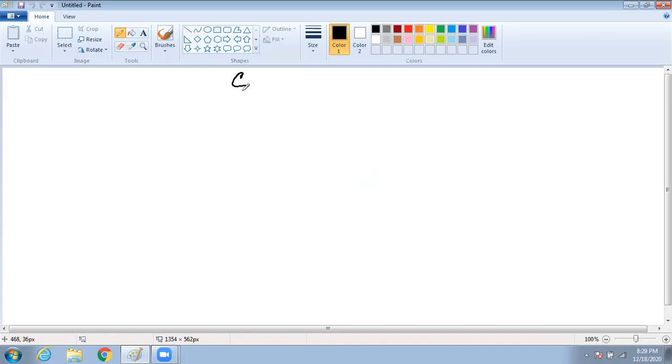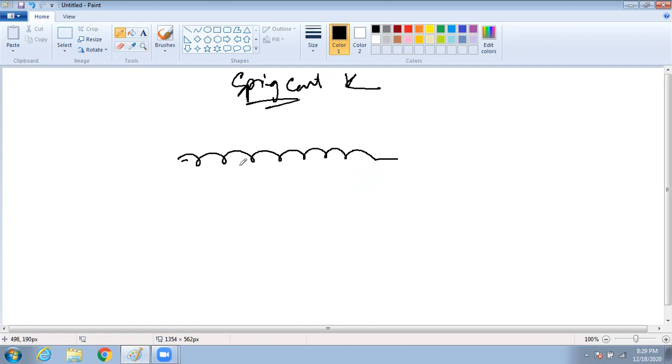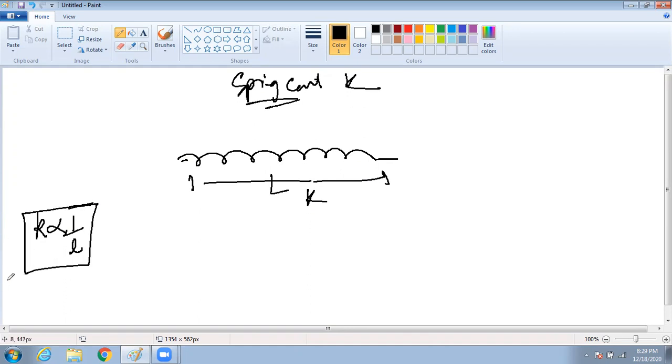So let us consider this as a spring. Now we'll study about the spring constant, which is K. So you have a spring. The length is, let's say, L. The K is inversely proportional to the length. Means if you increase the length, the K will reduce.